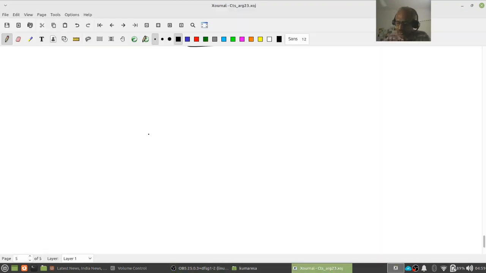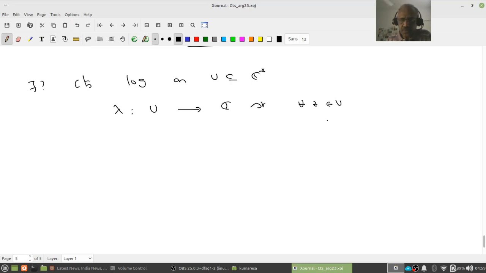So the next thing I want to know is the following theorem. The question is whether there exists a continuous logarithm on U in C star. What do I mean by that? Lambda is a function from U to C, so that for every z in U, exponential of lambda z will be z. Then I'll call lambda of z a logarithm of z.